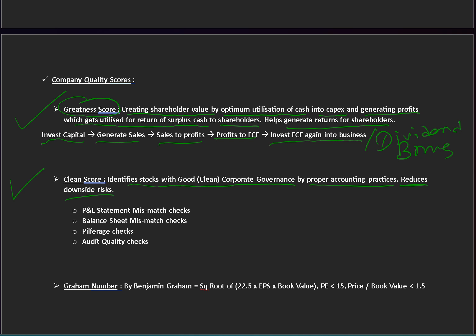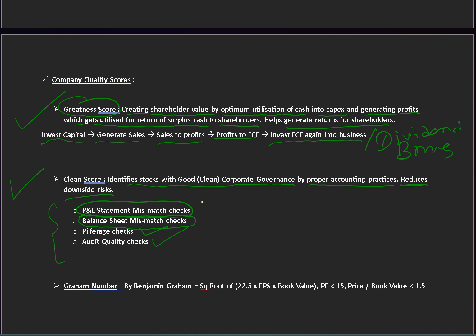Okay. So what all things does it check? If somebody has manipulated the P&L statement, if somebody has created mismatches in the balance sheet, any pilferage, and if the audit has been done properly. So audit quality also gets checked in this clean score.